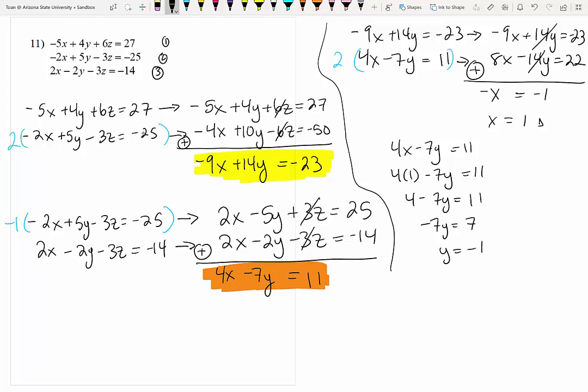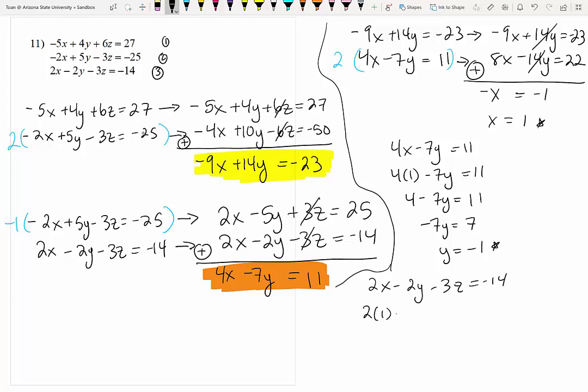The moment you have two numerical answers, you substitute into an equation that has three variables, which is one of the originals. It doesn't matter which one we substitute it into. I'll substitute it into the third equation because, again, the numbers look small. No rhyme or reason. Well, I guess that is a reason. So it's personal preference. There's no wrong choice.